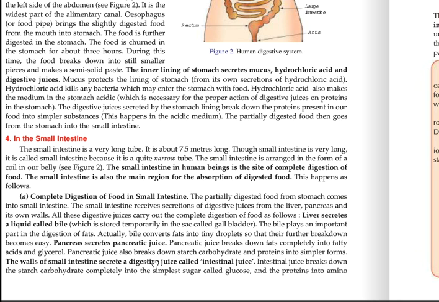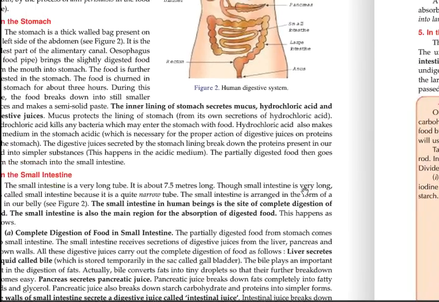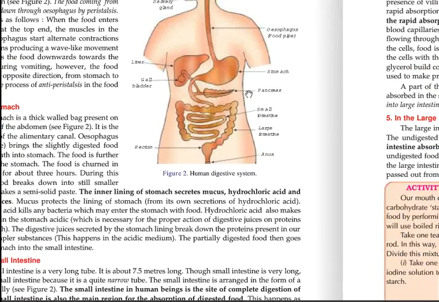The walls of the small intestine secrete a digestive juice called intestinal juice. Means the pancreas is mostly responsible for the breaking down of complex substances like protein, fats, and carbohydrate molecules into simpler molecules.